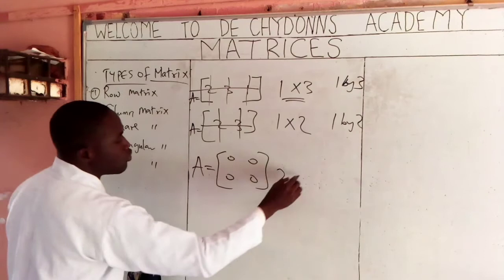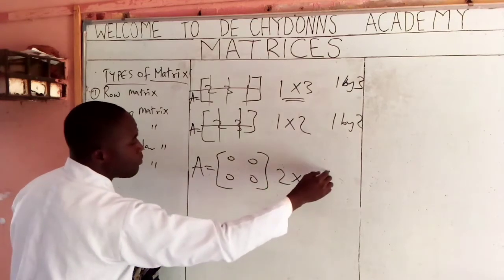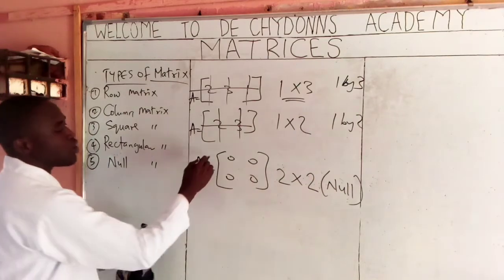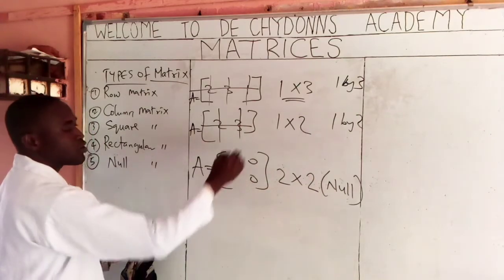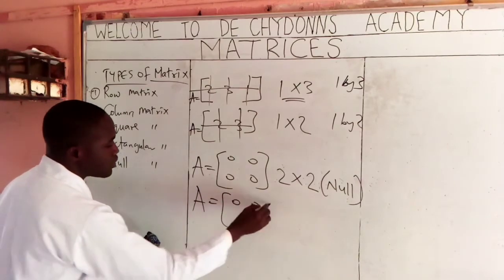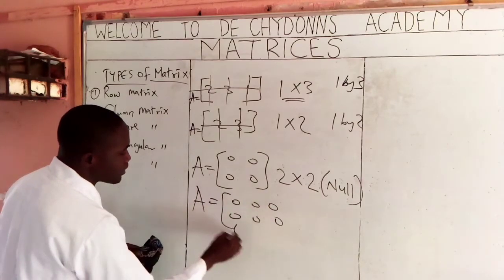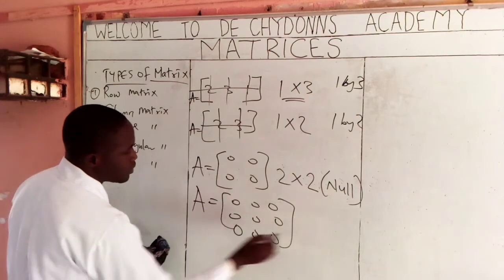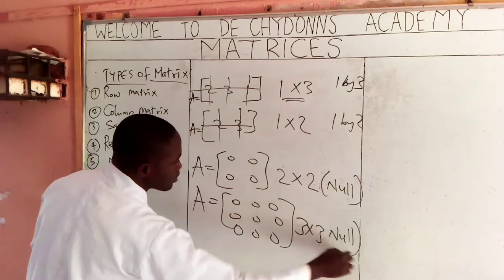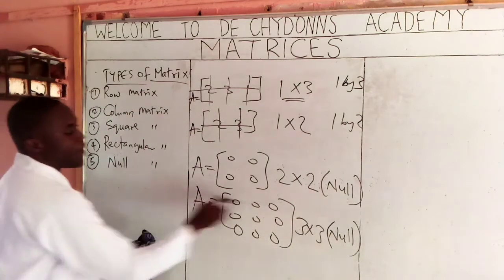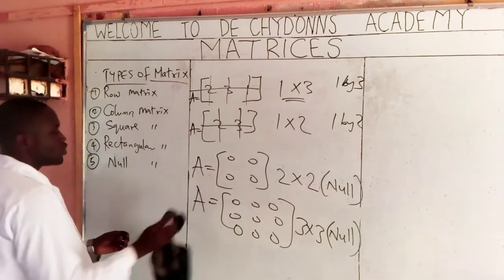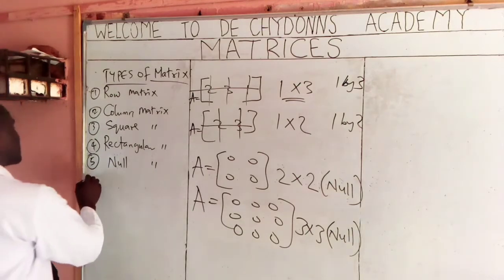This is a 2 by 2 null matrix because the rows are 2 and the columns are 2. Then this is a 3 by 3 null matrix. Why? Because the number of rows is 3 and the number of columns is also 3. So that is about null matrix.